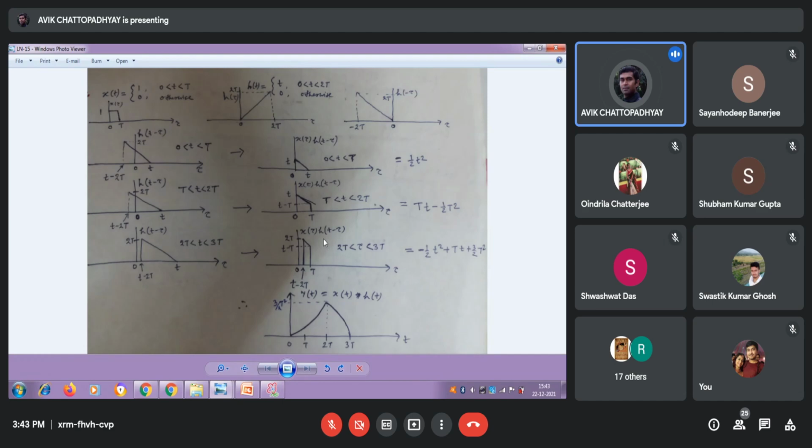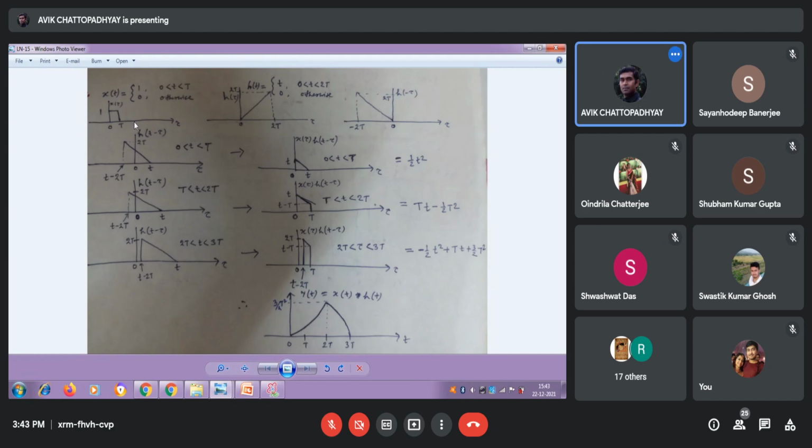Now, what is happening between 2t to 3t? Always remember, if this is t minus 2t, I'm basically interested in 2t to 3t. Now this point actually goes beyond 2t. Suppose this is t, this is 2t.